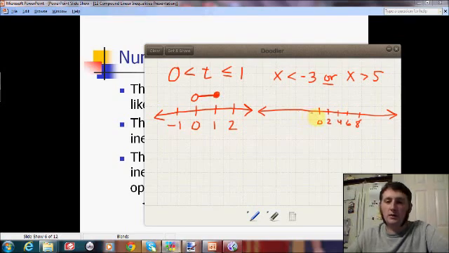Pretend that scales accurate. -2, -4, -6. So what would we have? Well, we would have an open endpoint at -3, and pointing to the left, an open endpoint at 5, pointing to the right.